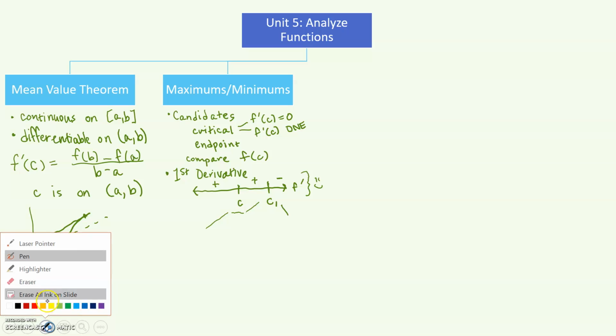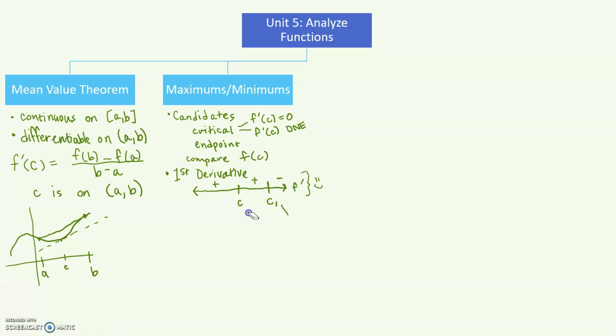You have to write that sentence out in words, and make sure when you are writing that sentence out in words, you don't say things like it or the graph or the function. Don't use those kind of words. Instead, talk about f or f prime so that you're very clear. So f prime changes from positive to negative at c sub 1.